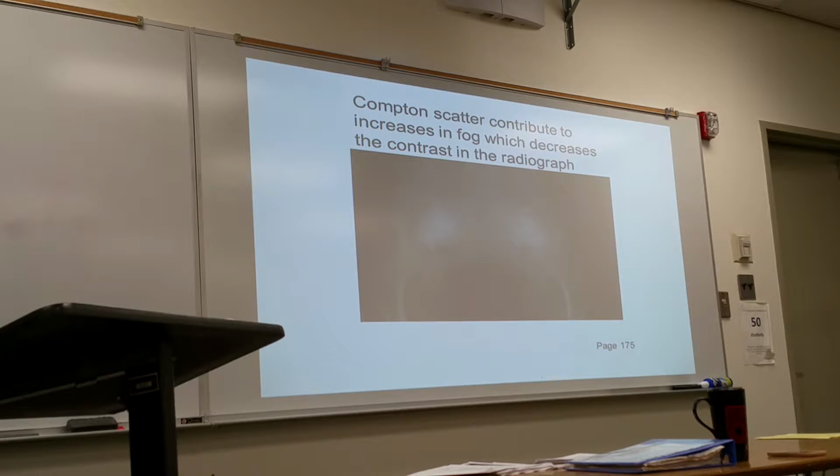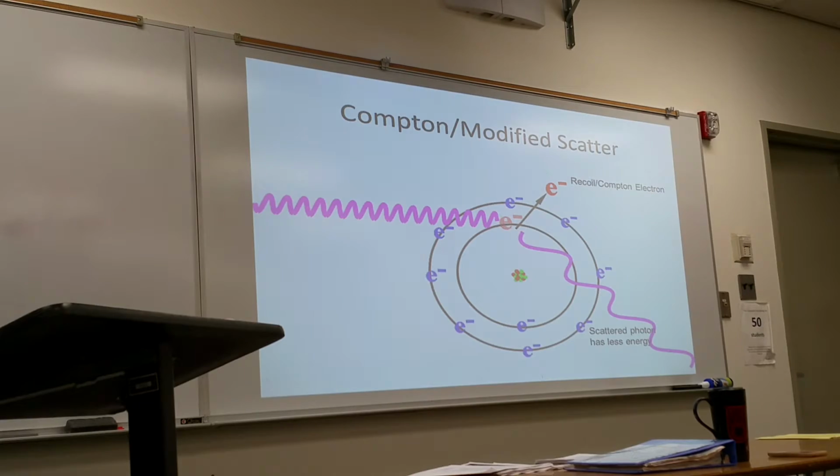But it stops the exposure when it reaches the exposure limit, right? Yeah, it does, but the scatter radiation doesn't stop that. It stops the primary. Basically, no matter what, there's always going to be scatter radiation.